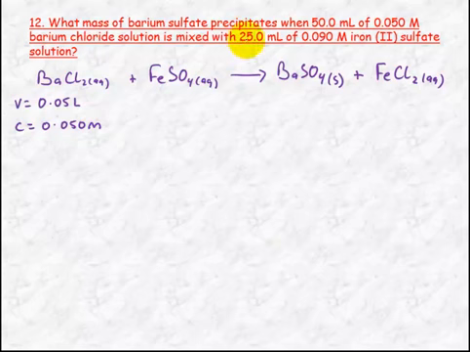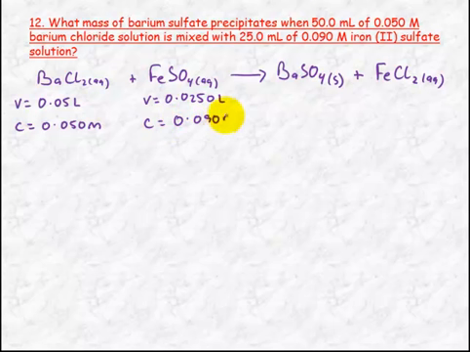It's mixed with 25 ml of 0.09 molar iron sulfate. V equals 0.0250 litres and concentration equals 0.090 molar. What are we trying to find out? The mass of barium sulfate.